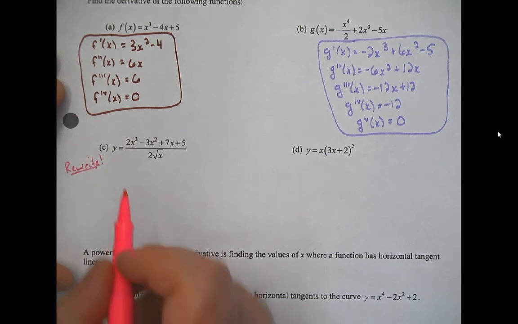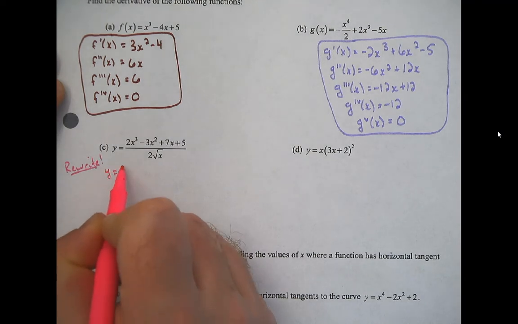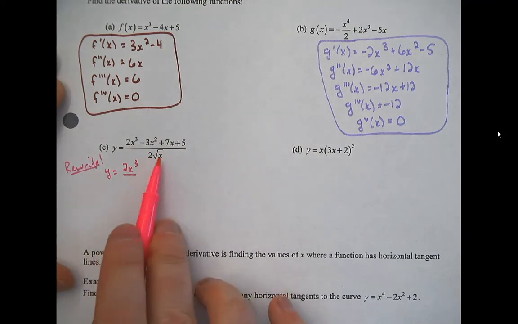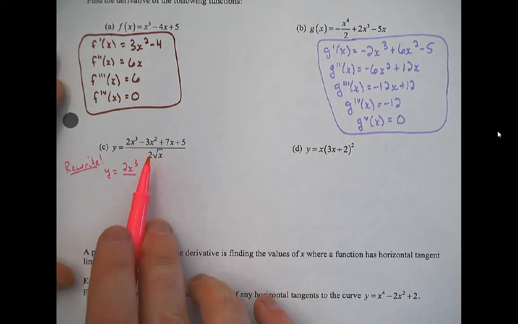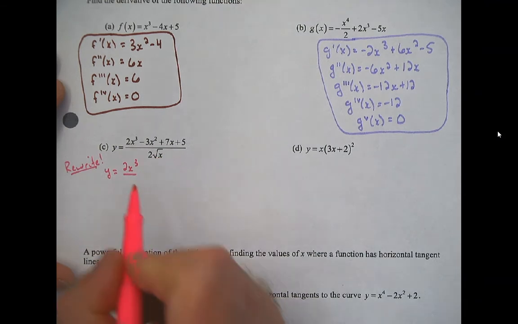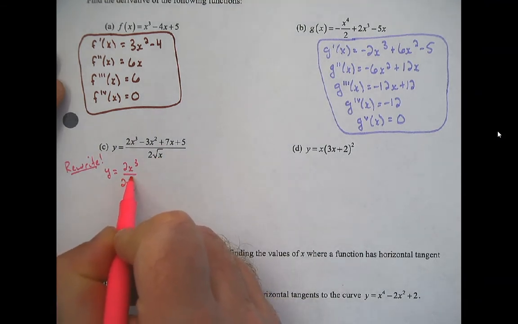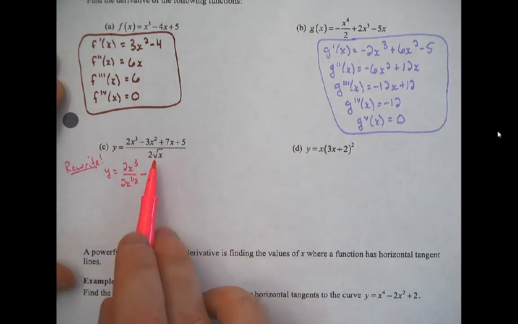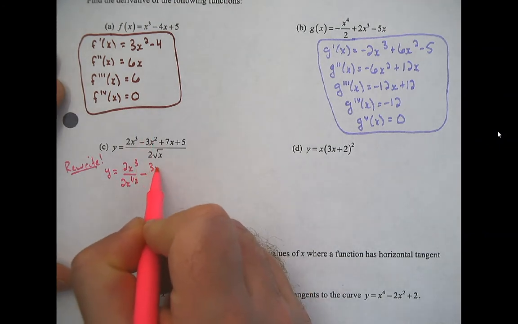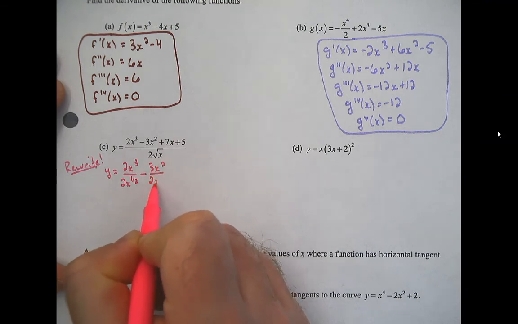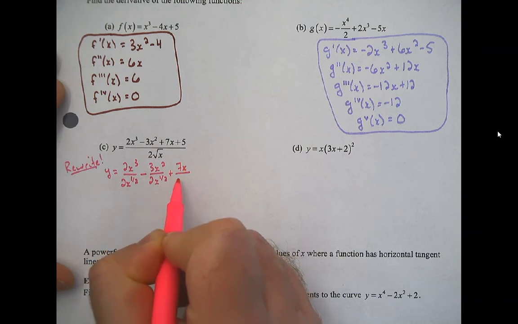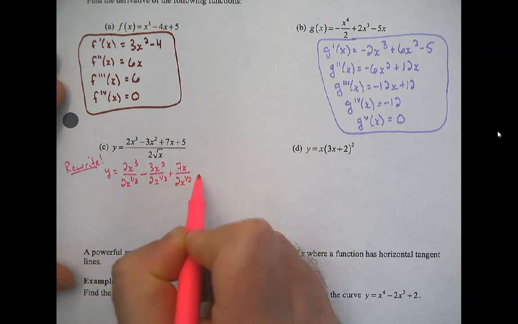This is still y. y equals x cubed over 2x to the 1/2, minus, and then I'm going to take this next term and put it over the same: 3x squared over 2x to the 1/2, plus 7x over 2x to the 1/2, plus 5 over 2x to the 1/2.